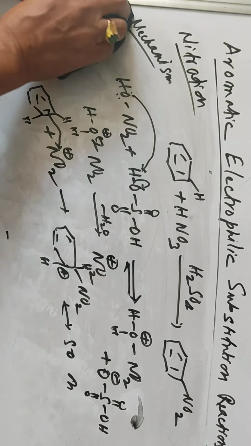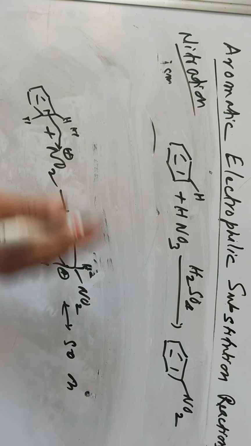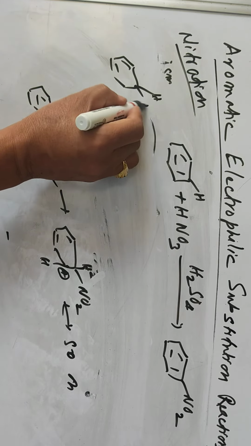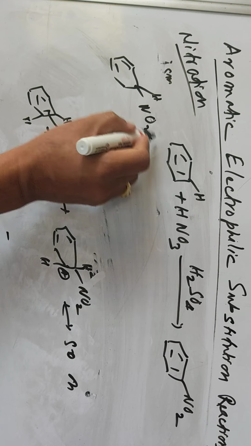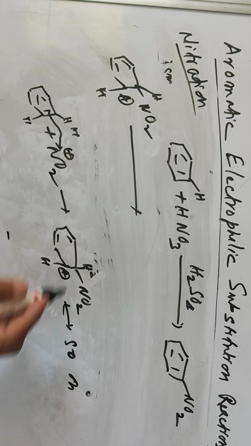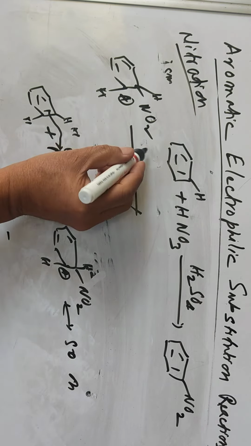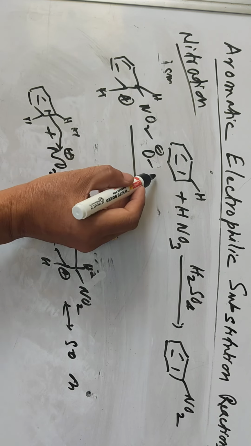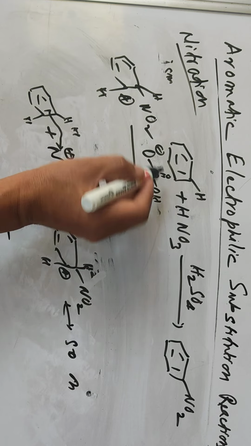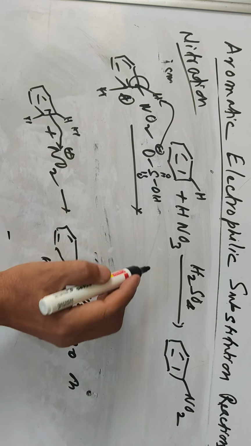So I'll write that here: the final step, this hydrogen, NO2, then hydrogen here, positive charge, reacts with the O negative charge from sulfuric acid, HSO4 minus. So sulfuric acid is regenerated.